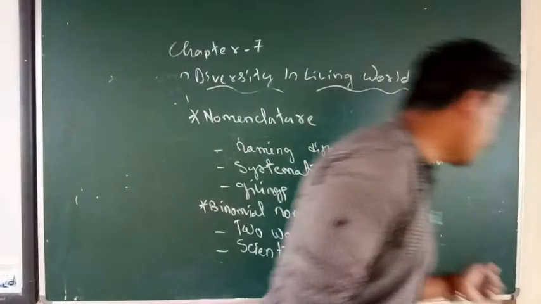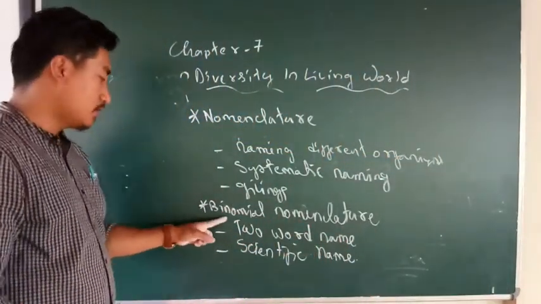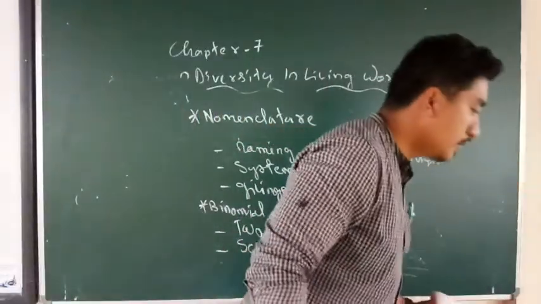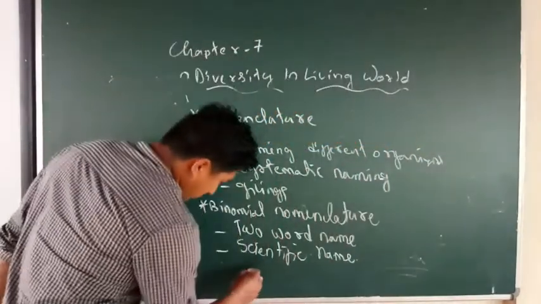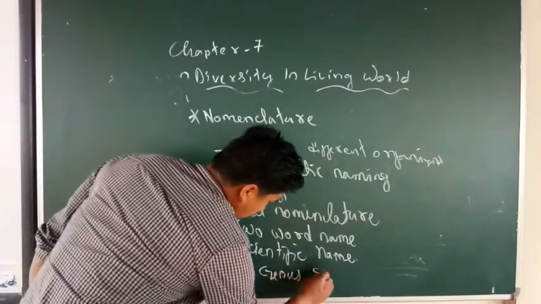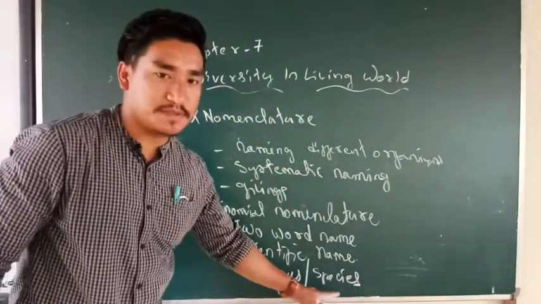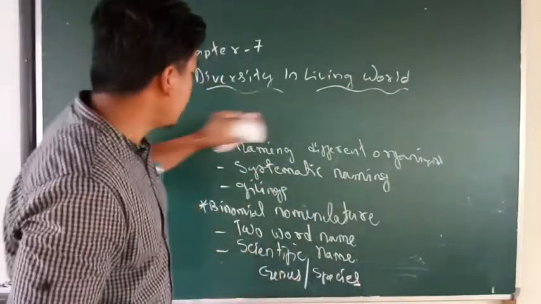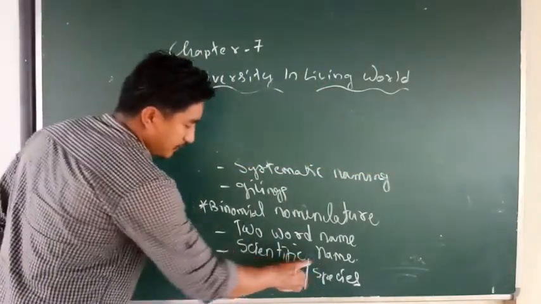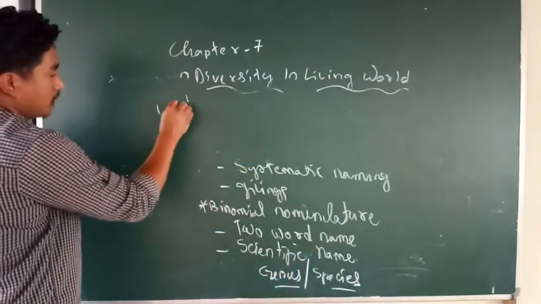Now, what are the things you have to remember while assigning or giving scientific names? The scientific name means genus and species. The first point is the genus.